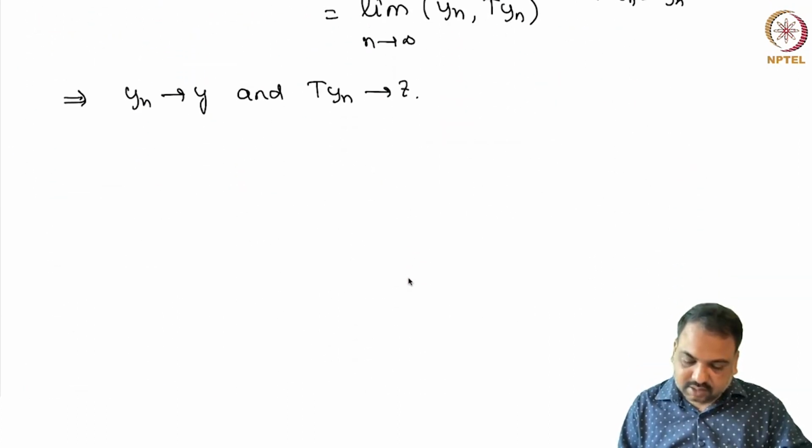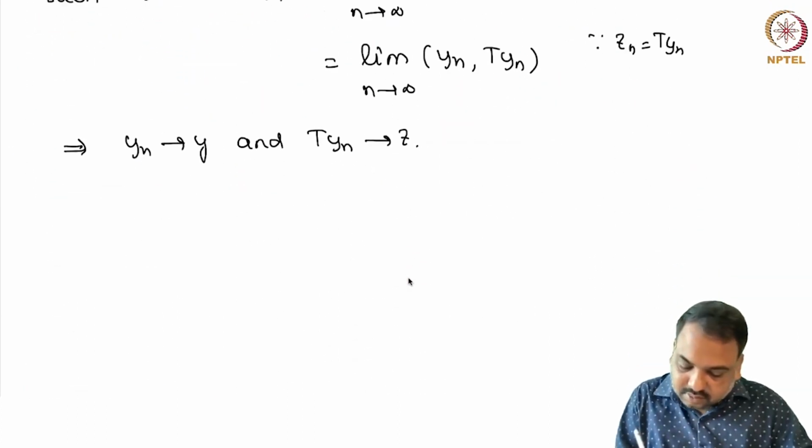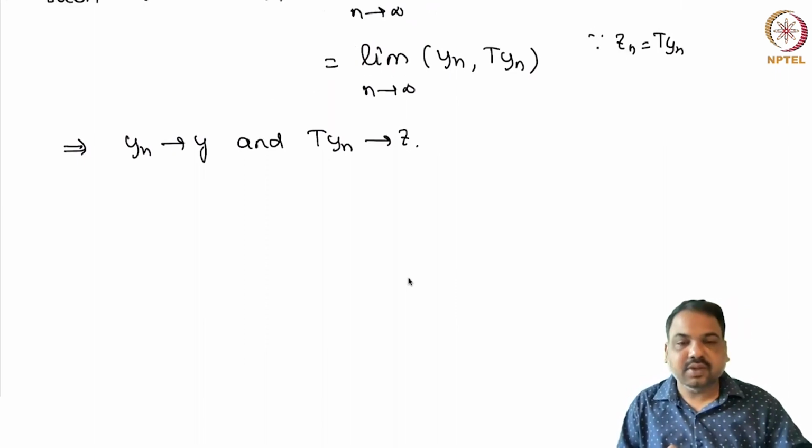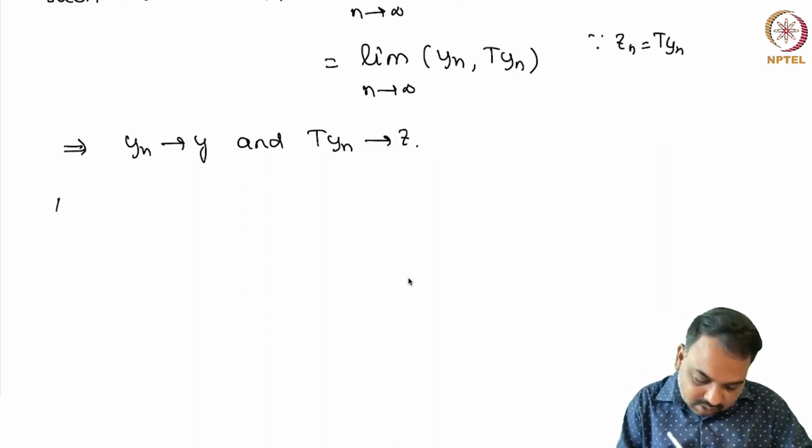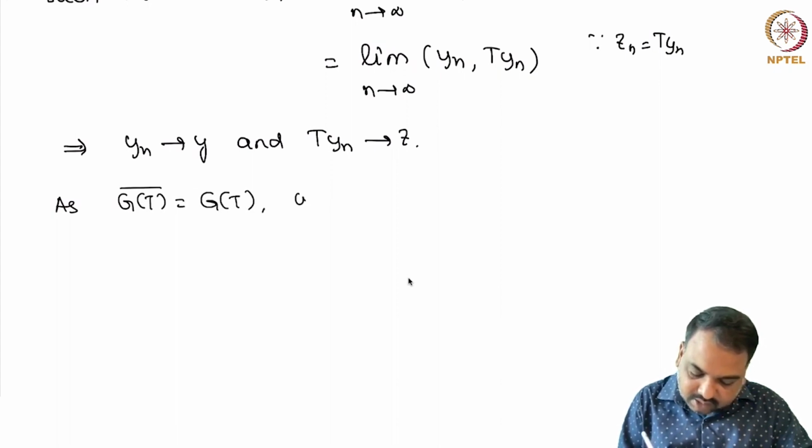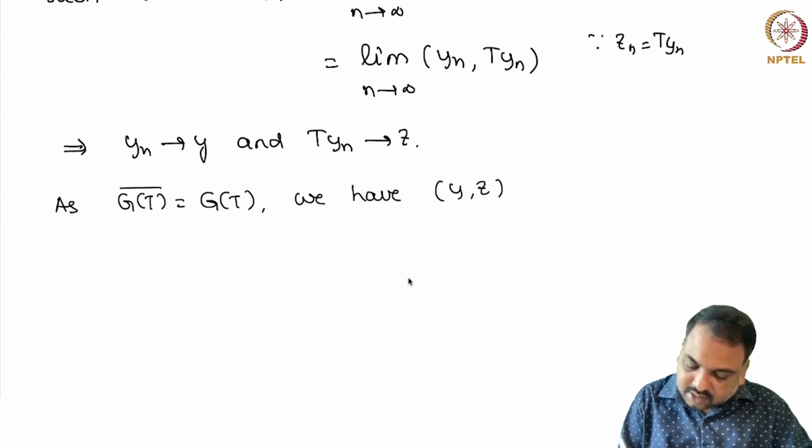Using that we can conclude that yn converges to y and Tyn converges to z. Now we know that the closure of G(T) is nothing but G(T), so we can say that this (y, z) is also in G(T).